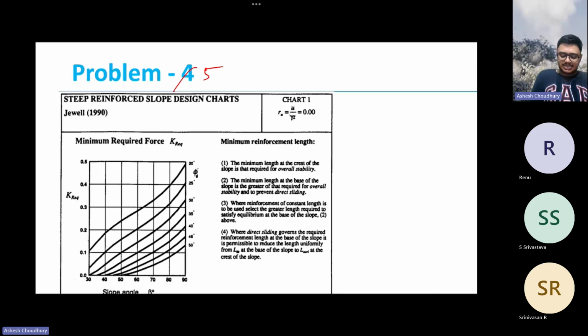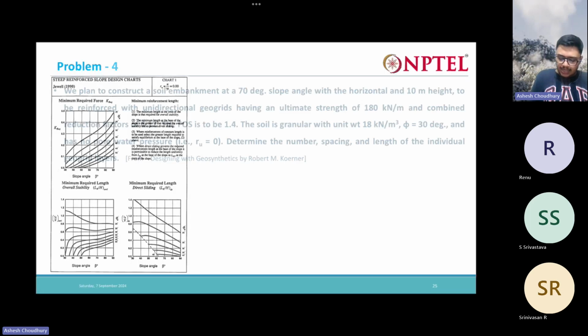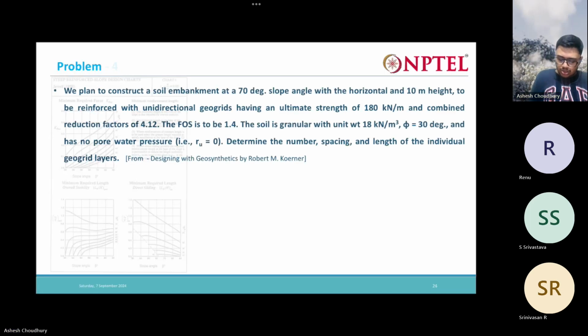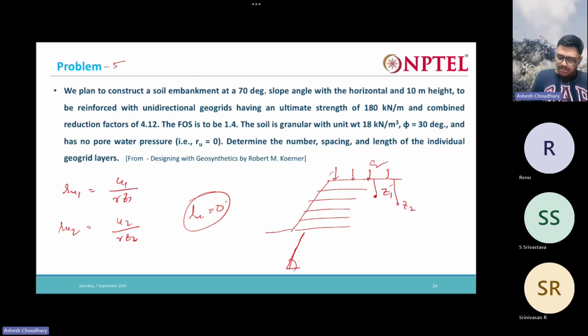So what is the slope? The slope is 70 degrees, which means the slope angle beta is 70 degrees. If it is more than 70 degrees, what do we do? We design it as a reinforced soil wall.